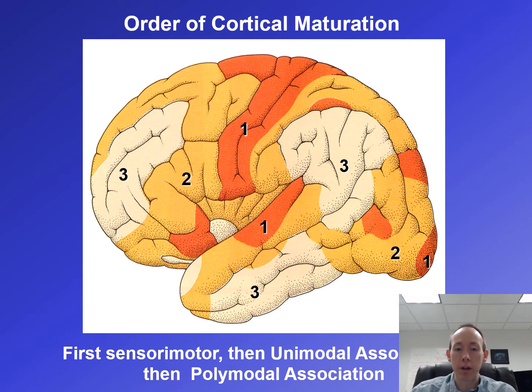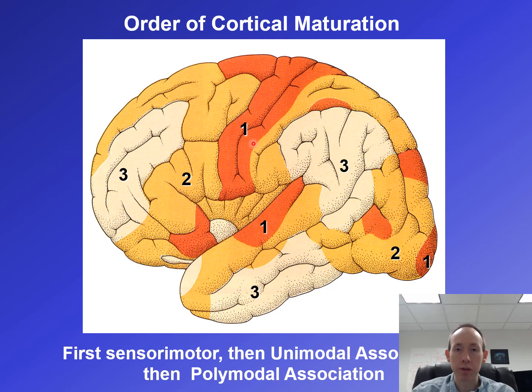One other thing for background that's important to understand, and this is more important if you do any developmental research or aging research, is that certain areas of the brain develop earliest, and those are going to be our primary motor and sensory cortex.